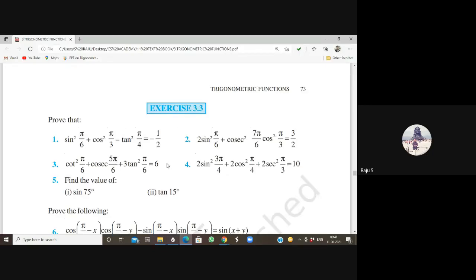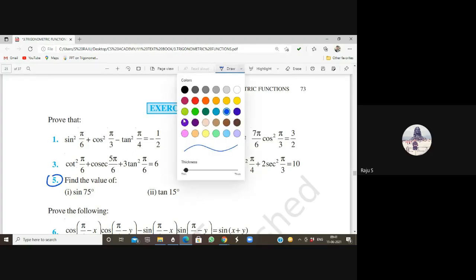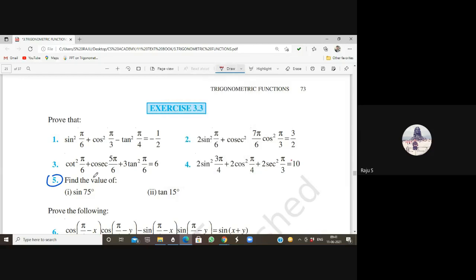Students, in the same way, I am giving you the third question, fourth question, and fifth question as homework. How to do it? I'll just give a hint to find sine 75. How can you find sine 75? 45 plus 30, exactly.